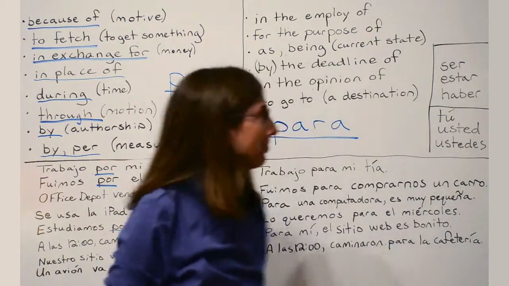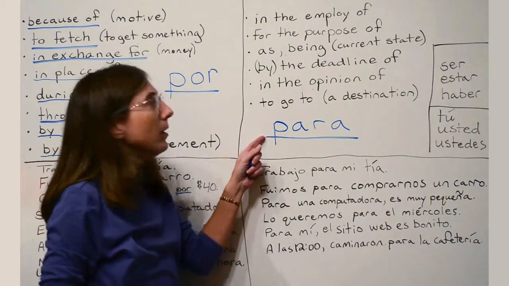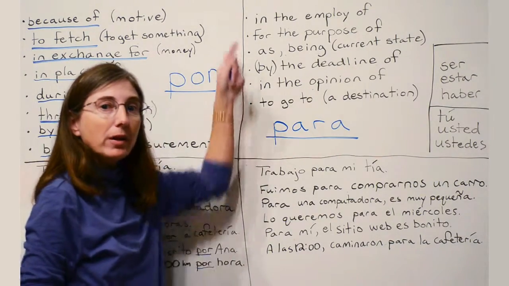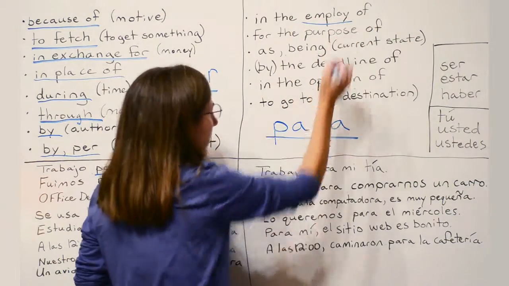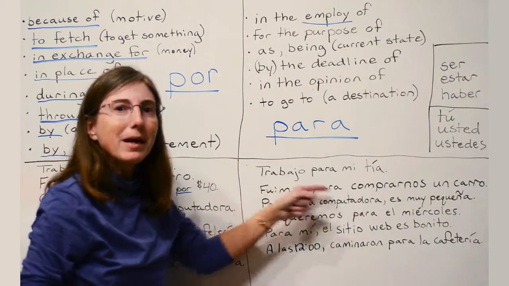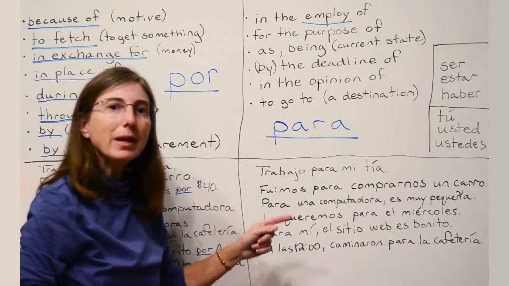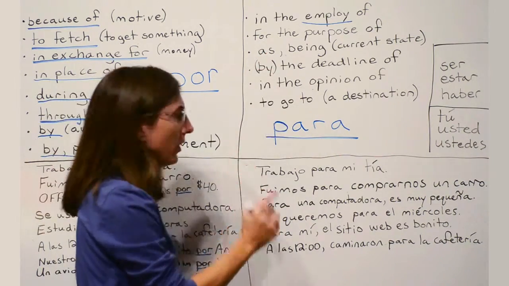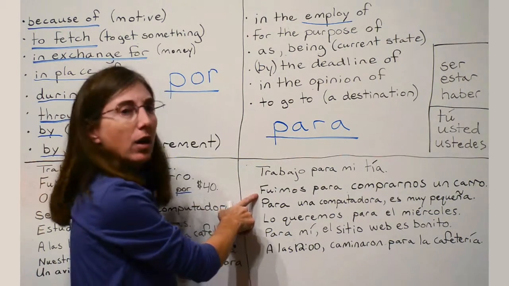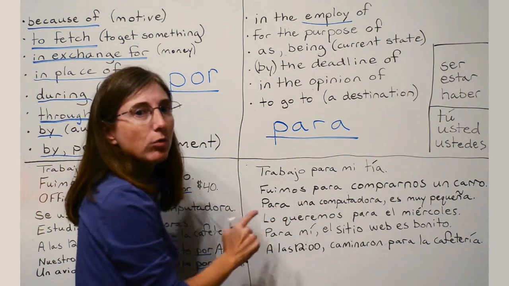Now para can be used to talk about an employer. Trabajo para mi tía. I work for my aunt, she is my employer. For the purpose of. Fuimos para comprarnos un carro.